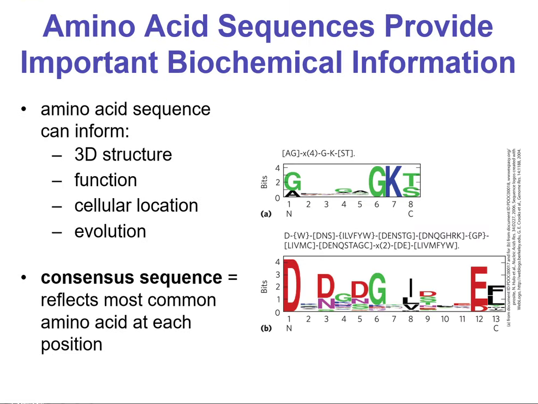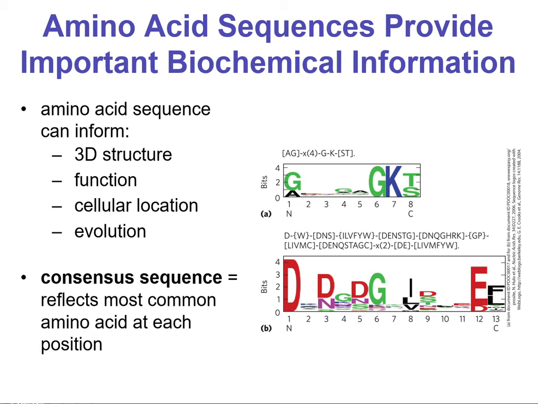So a couple more notes on amino acid sequence. The sequence of a protein can provide biochemical information. We already talked about how it can inform the structure, so the tertiary structure, and the function. But we can also get information about the cellular location.